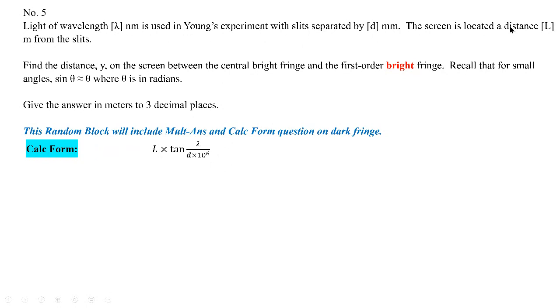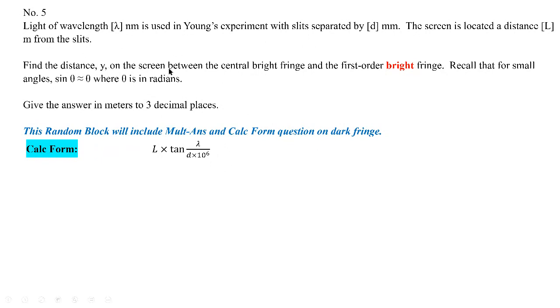The screen is located at a distance L meters away from the slits. Now they want to know what is the distance on the screen, because your screen is 5 feet away, 3 feet away, 6 feet away, between the bright fringe and the central fringe, right?